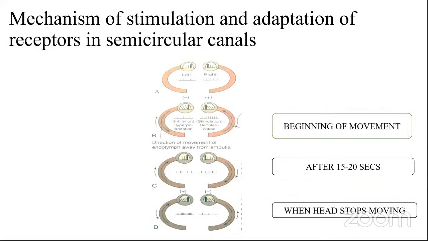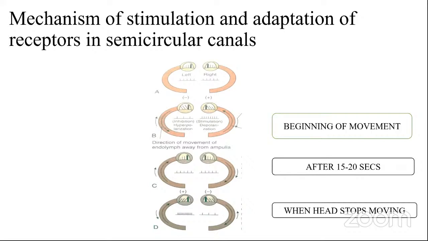Mechanism of stimulation and adaptation of receptors in semicircular canals. In the first diagram, the direction of movement of endolymph is away from the ampulla. That is the beginning of movement.